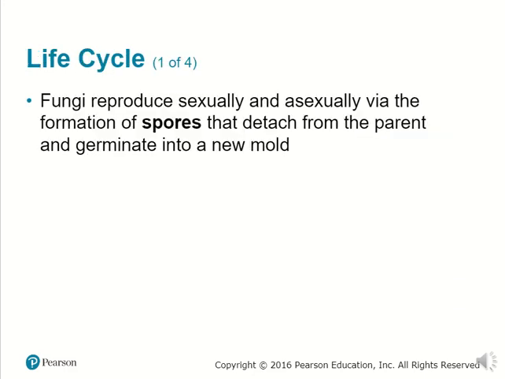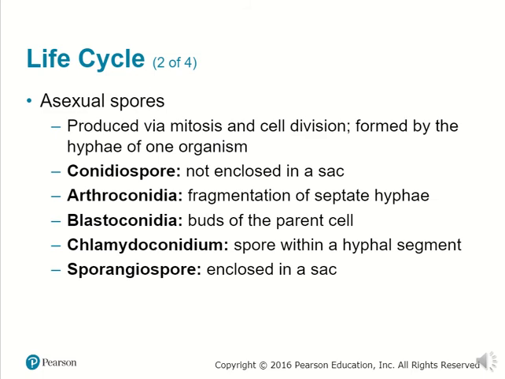For the life cycle of fungi, they reproduce sexually as well as asexually, in the latter case via the formation of spores that detach from the parent and germinate into a new mold organism. Asexual spores are produced via mitosis and regular cell division, formed by the hyphae of one particular organism.